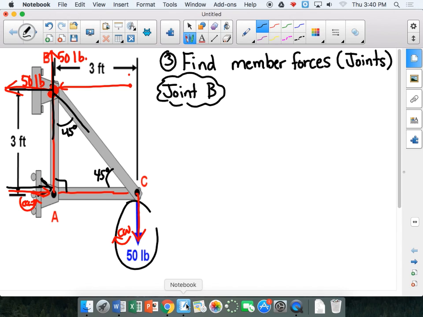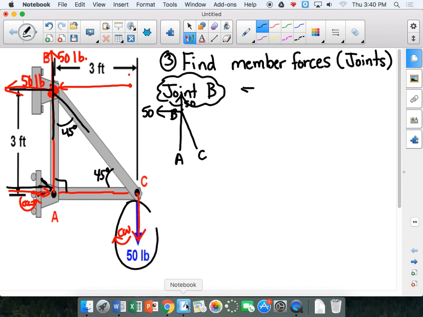So I'm going to draw that over here. Here's B down to A, then B down to C, and then I've got a reactionary force going up 50 pounds, reactionary force going left 50 pounds, and then I'll need to find BA and BC.